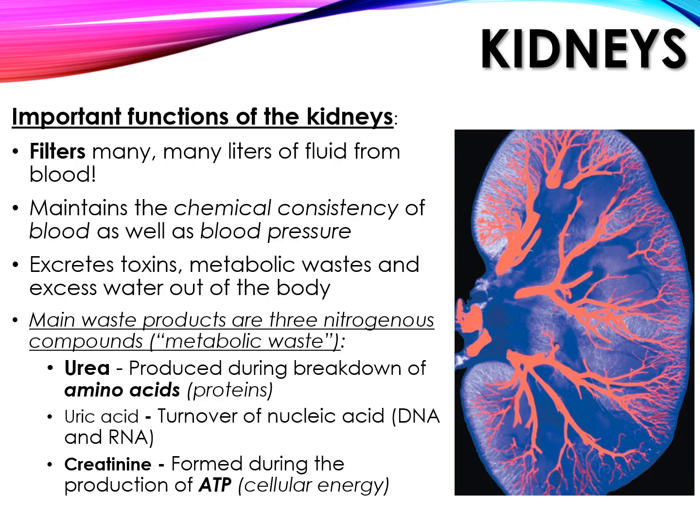So we're going to use all those amino acids, and we are going to produce urea. Okay. And then uric acid is another one, and it's a turnover of nucleic acids, which are the building blocks of DNA and RNA. So don't worry too much about that one, but creatinine is really the big one.